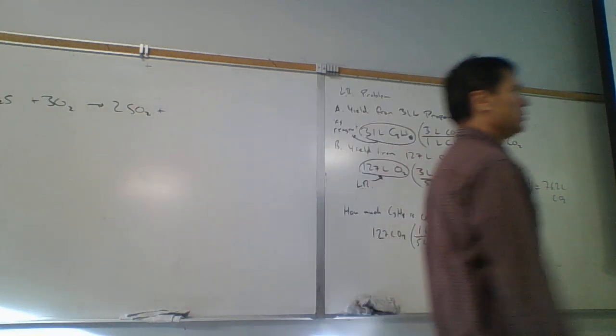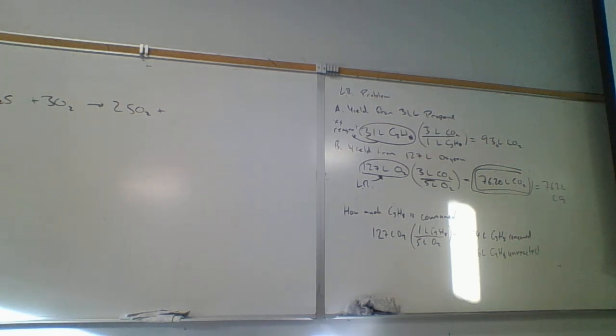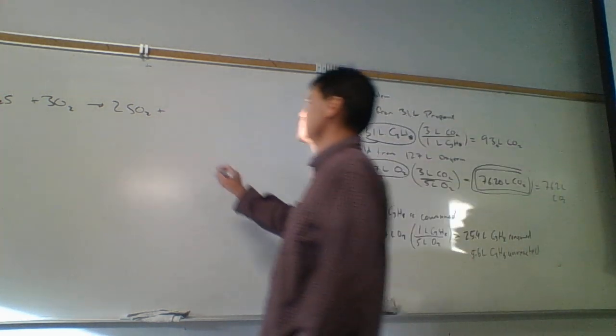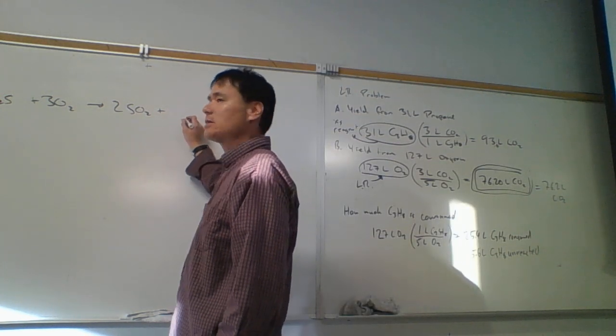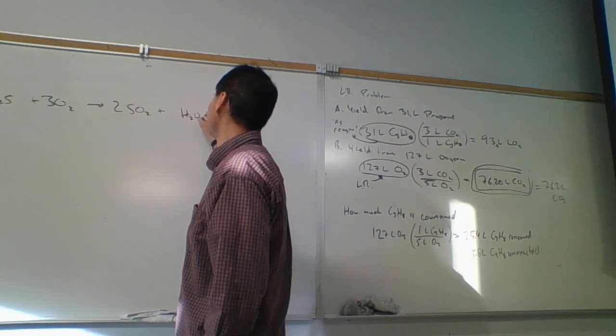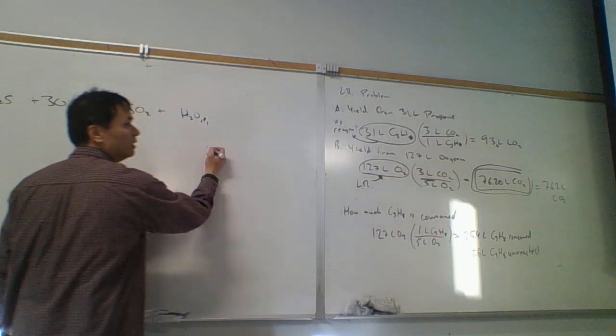Now this is critical for H2O. We need to know, is that liquid or is that gas? Looking at the temperature, it looks like it's got to be a liquid. If the temperature were over 100 degrees C, then I'd be tempted to put gas down, but it's under 100 degrees C, so I'm going to put H2O liquid here.